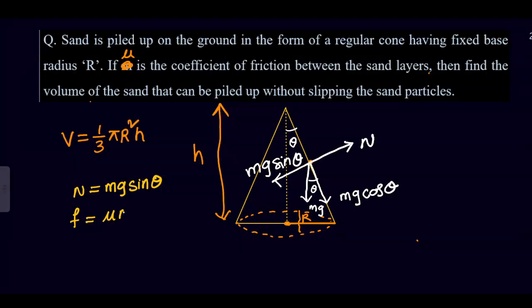Frictional force is mu into N, so the frictional force is mu mg sin theta. Now because of mg cos theta, the sand particle which is here will try to fall down, so the frictional force opposes this motion.